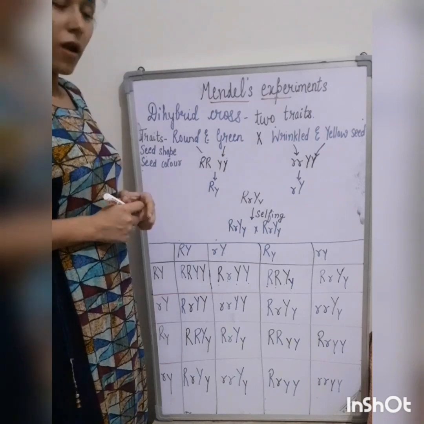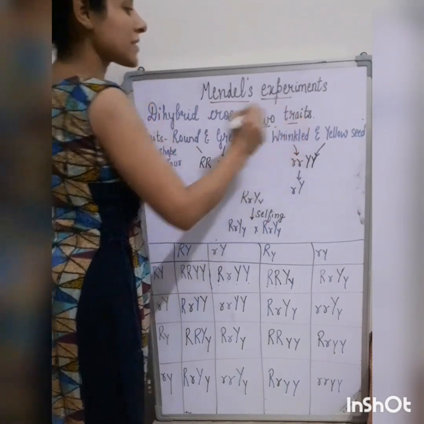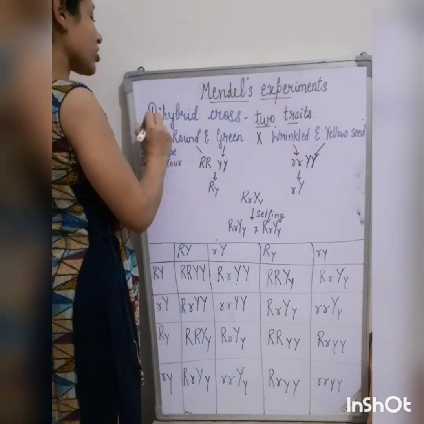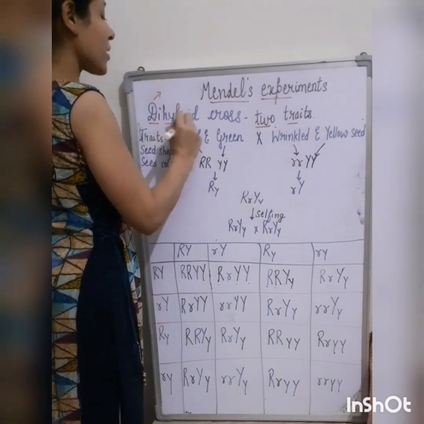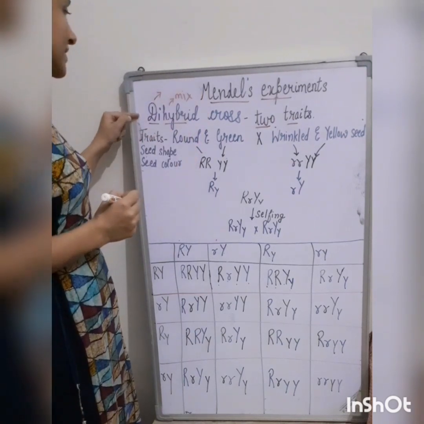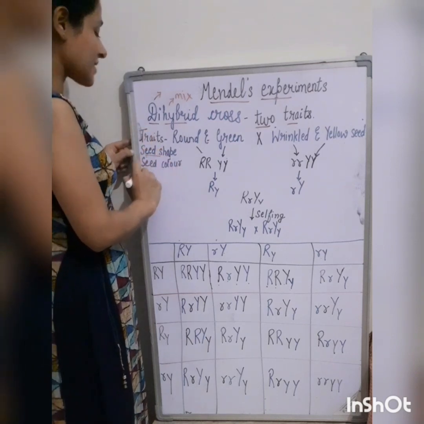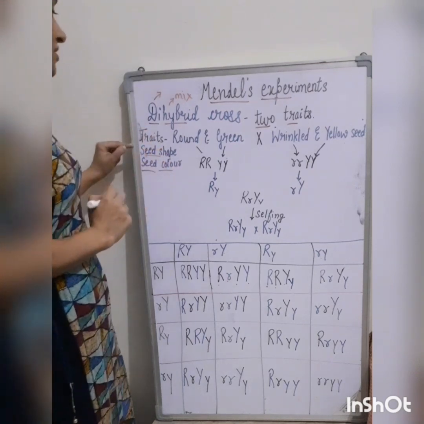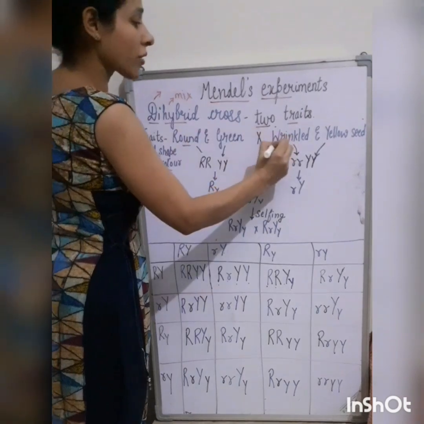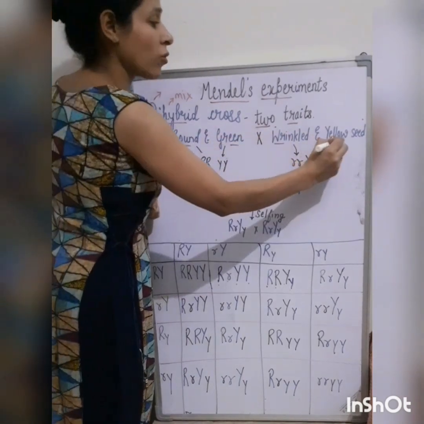Let us see now what results came when Mendel selected 2 traits for his experiments. That is a dihybrid cross. Di means 2 and hybrid means mixing, so mixing of plants for 2 traits. The traits that Mendel selected were seed shape and seed color. The shape of the seed was either round or wrinkled and the color of the seed was either green or yellow.